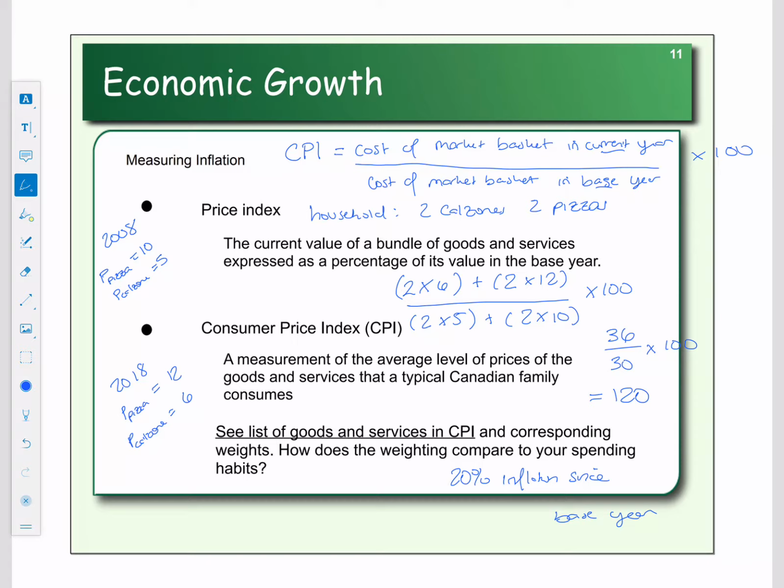So we compare 100 to the number we calculated for CPI, and that tells us the amount of inflation, 20%. If you get a CPI of 98, then you've had 2% deflation since the base year, because again, we're still comparing it to 100.